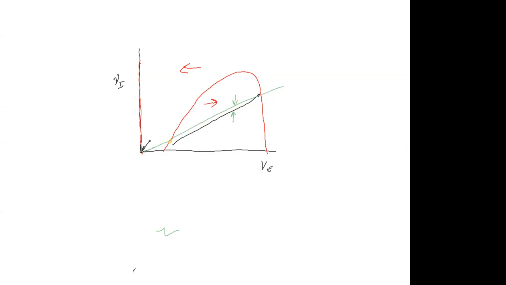Start here, we would pull to the right and down. We would cross and we would end up over here. If we start here, we end up over here. If we start here, we're pulled up and to the right, and we end up over here. So we're going to see this more explicitly, but this point is an unstable equilibrium.